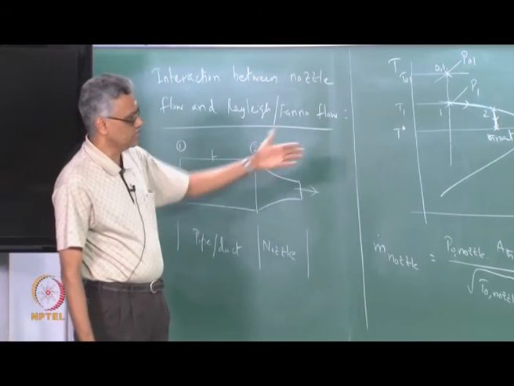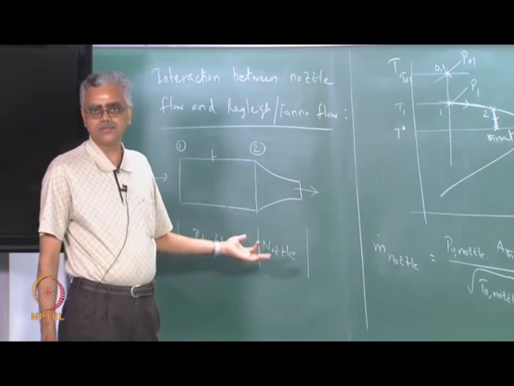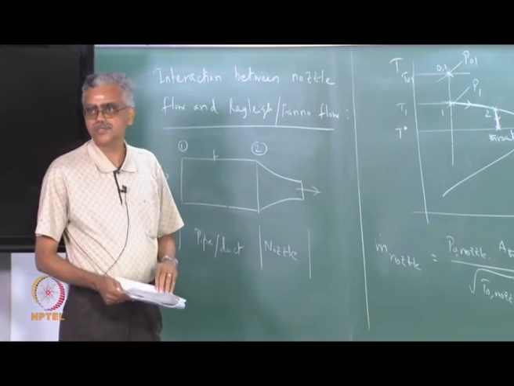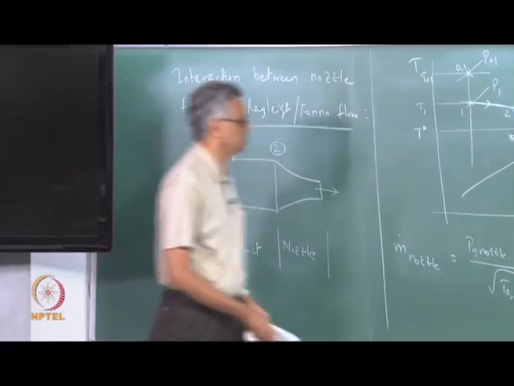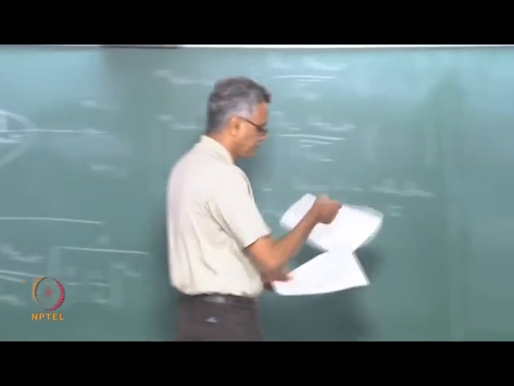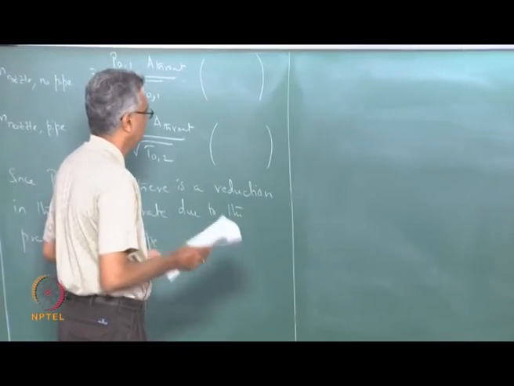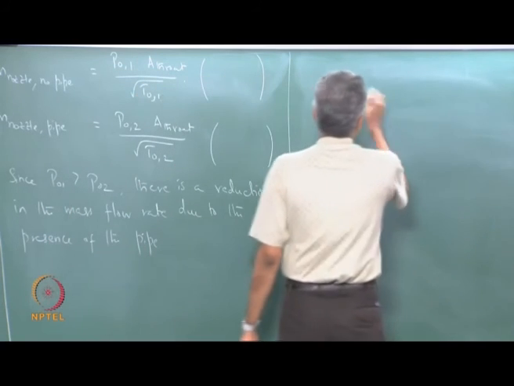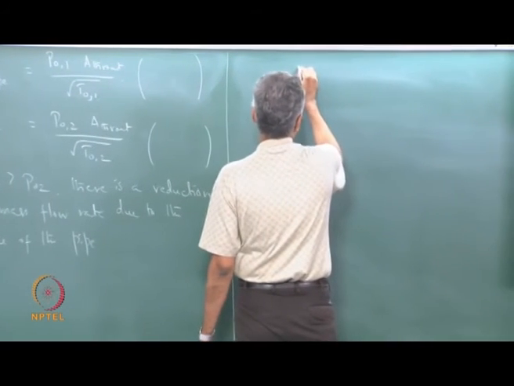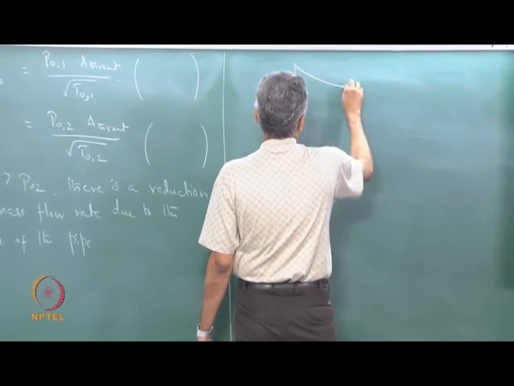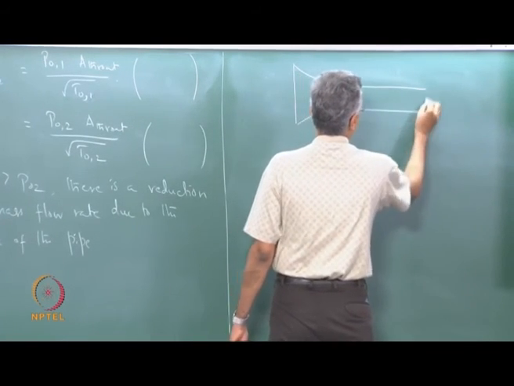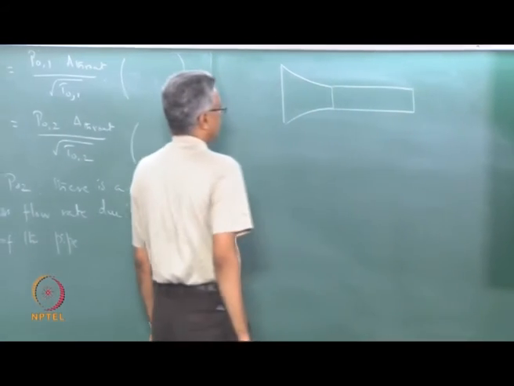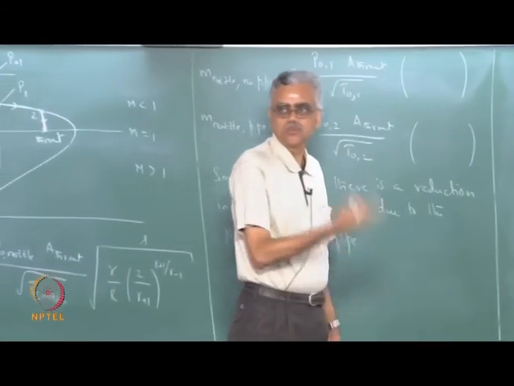Okay. We will illustrate these concepts also using numerical values once we complete the discussion of the theory. So, this is one situation. The second situation is the following. Situation 2 is when we have a nozzle and then a duct or a pipe is connected downstream of the nozzle.